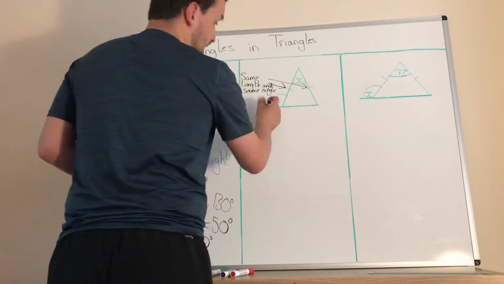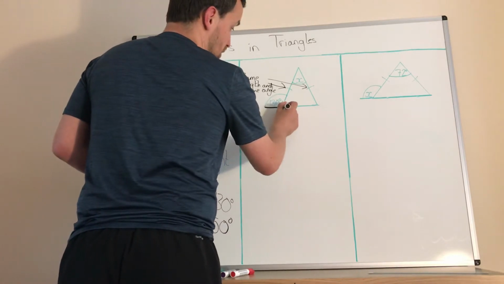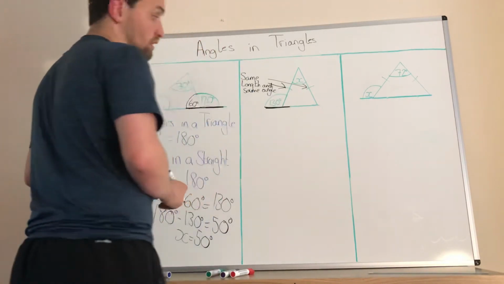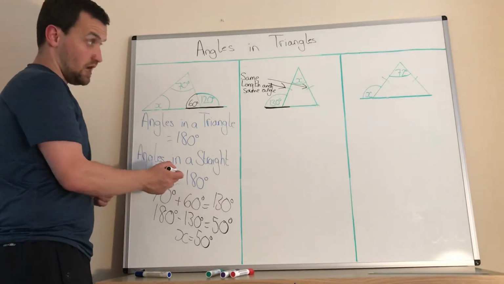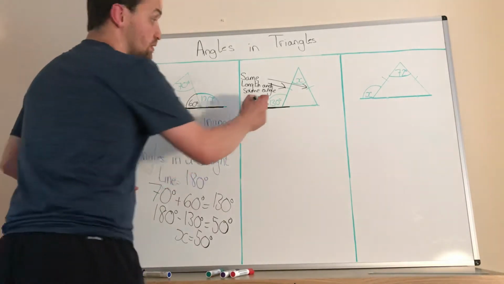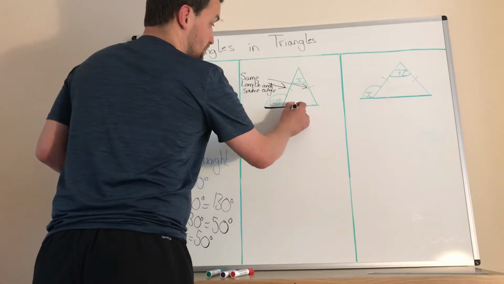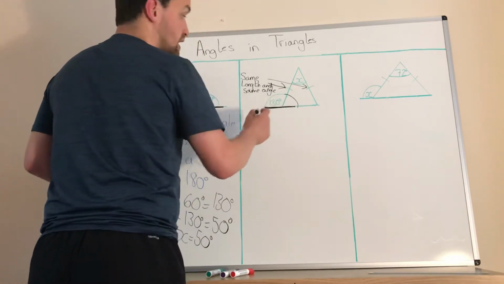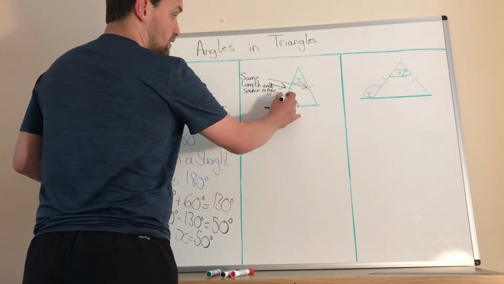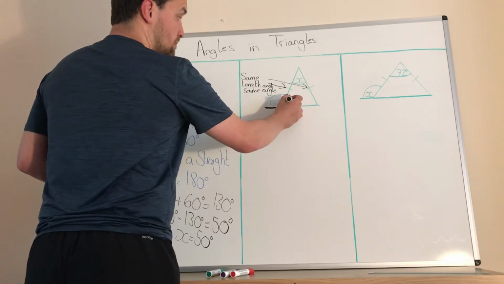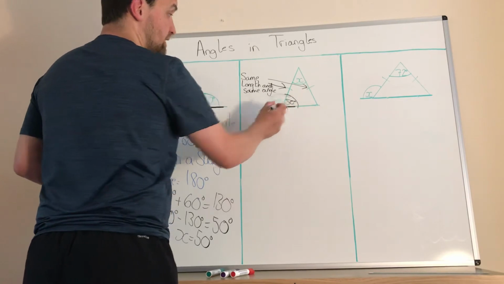Now here we've got a straight line. As we've just said, angles in a straight line, 180 degrees. So this complete bit here must add up to 180 degrees. If we've got 130 degrees there, that must be 50 degrees.